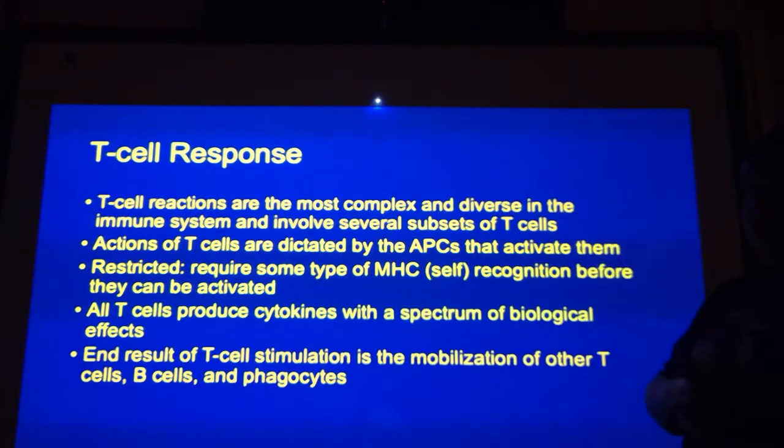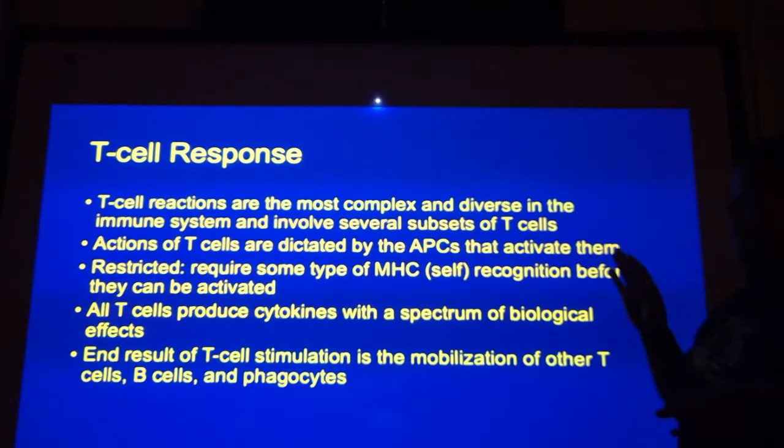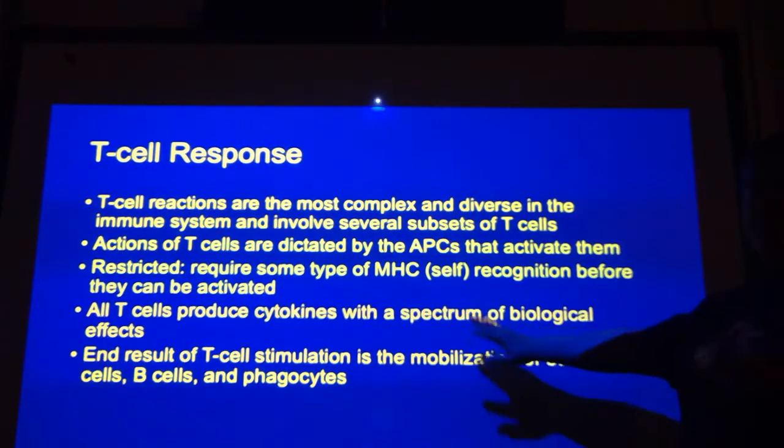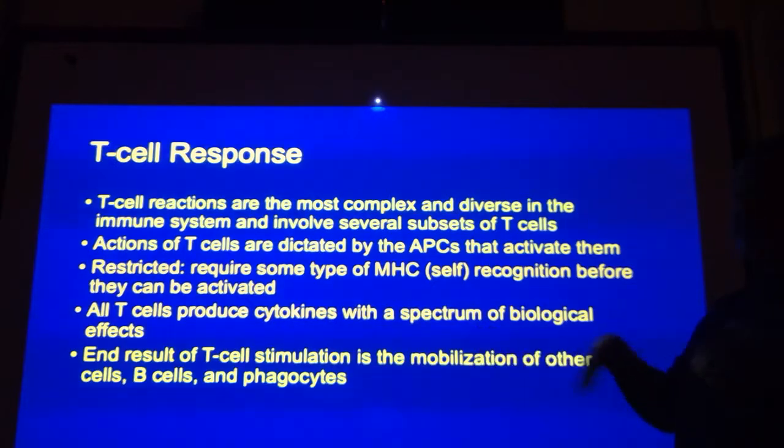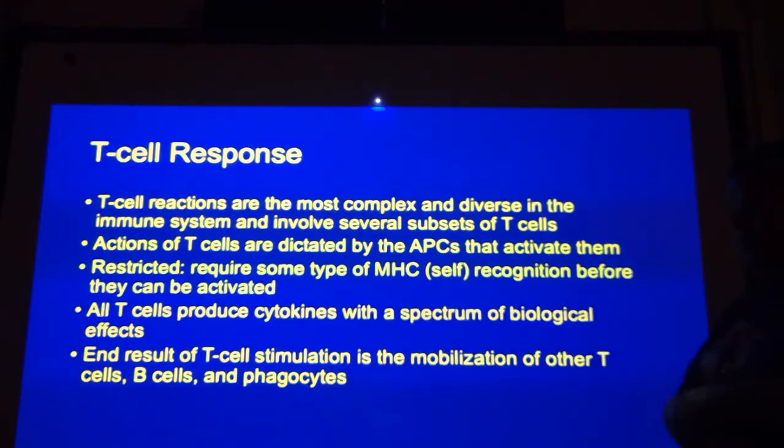All T cells produce cytokines. Again, that's the general name for a set of chemicals. And depending on which cytokine it is, there is a spectrum of effects that happens. There are a bunch of different effects that can happen depending on which one you're releasing, which I will talk about.